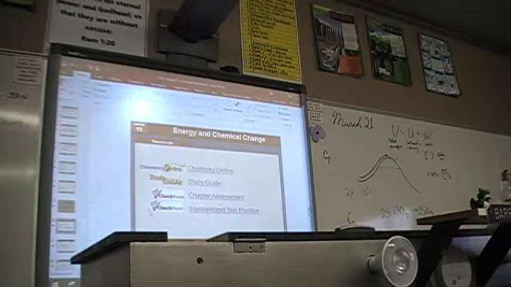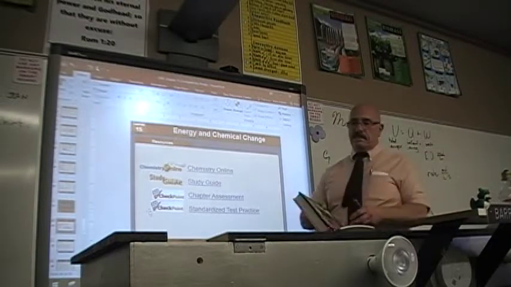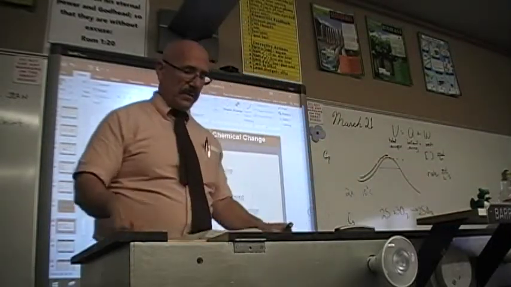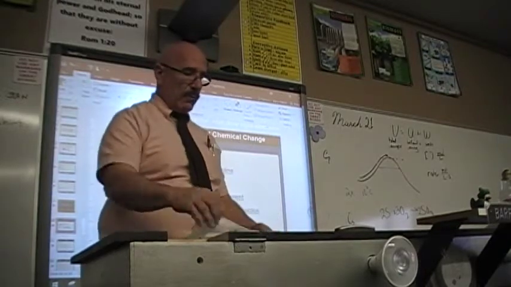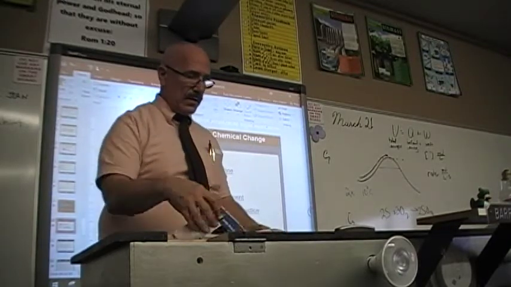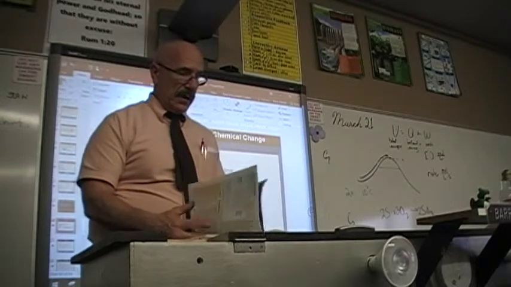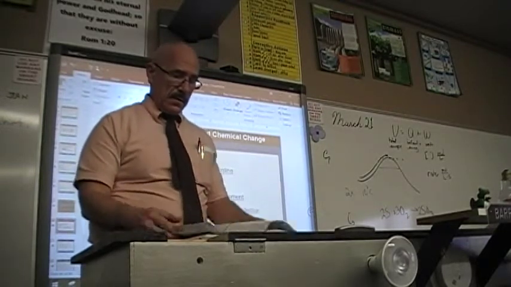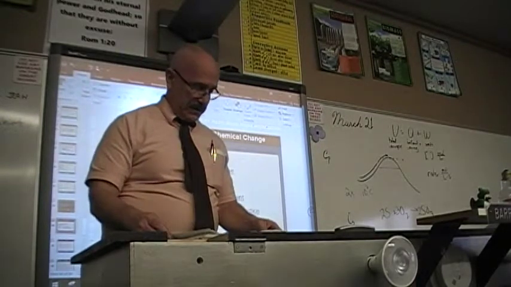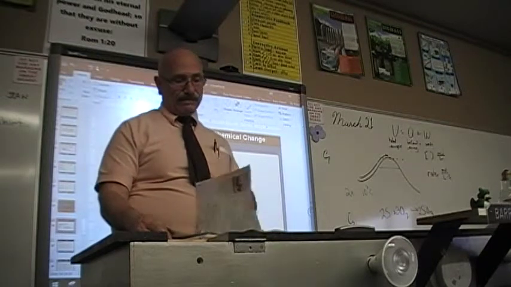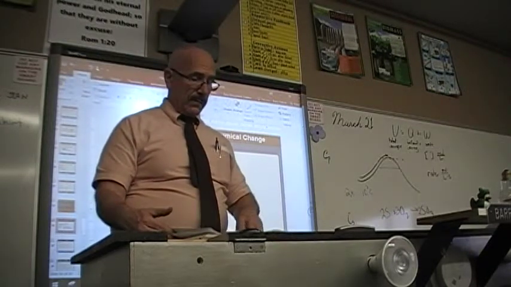It's called Equilibrium Constants. Let's see if I can find it real quick. So that's 15 and 16. Those would be key. We'll get to them this quarter, but we're just not there yet. Acids and bases, chapter 18 would be good to look over, but we don't have time.